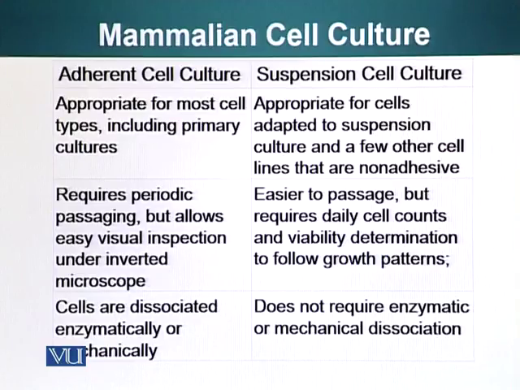Adherent cells require periodic passaging but allow easy visualization and inspection under an inverted microscope. The suspension cells, of course, you have to passage also, but the way you passage them is slightly different than the passaging of adherent cells. And also, since they're suspended, it will be hard to observe these cells under an inverted microscope.